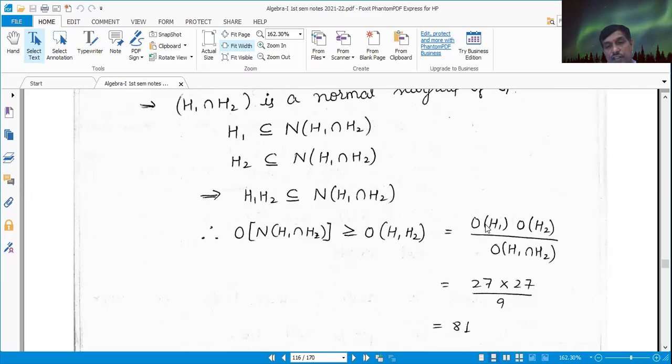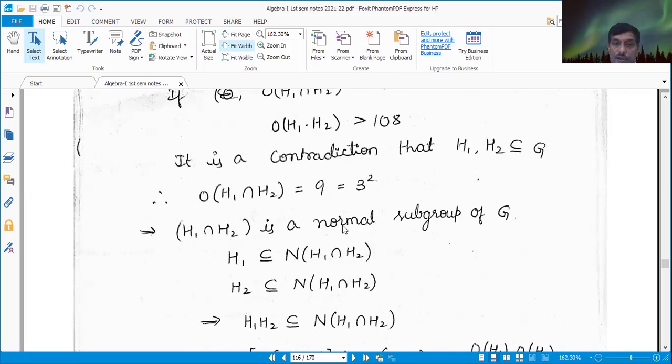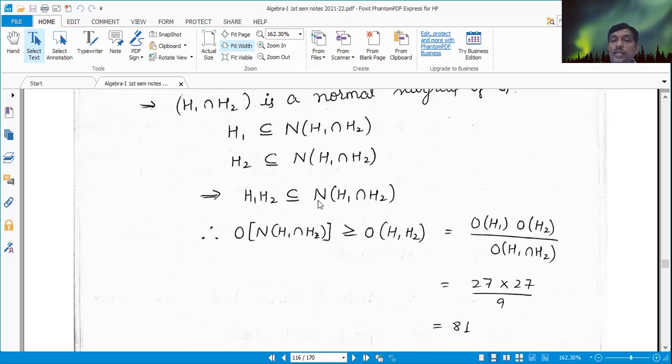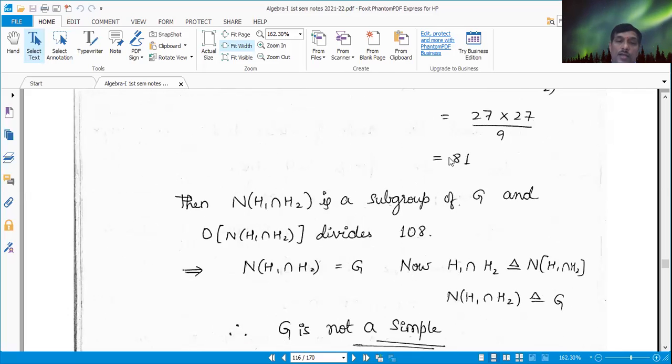Then here the order of H1 and the order of H2 is 27 into 27, but we have taken the order of H1 H2 as 9 here. Therefore, this must be 81. Then the normalizer of H1 intersection H2 is a subgroup of G, as we already know, and also the order of the normalizer of H1 intersection H2 divides 108.